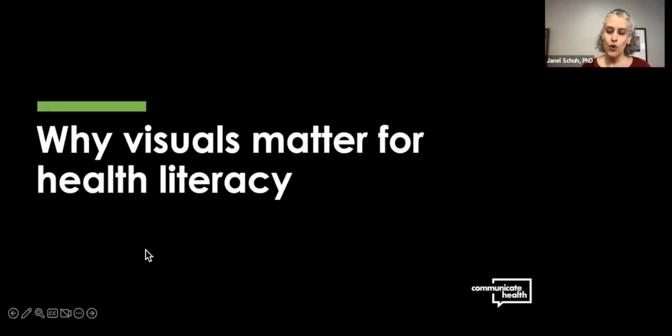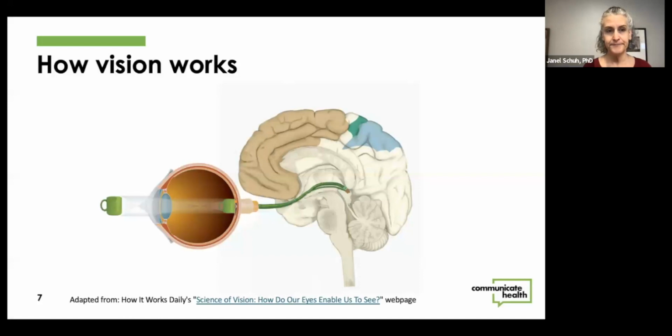So I want to lay the groundwork and talk a little bit about the whole process of vision and seeing, so that we have a better understanding of why we're making some recommendations later, why we conducted some of the studies, and why we found certain findings. So how vision works.